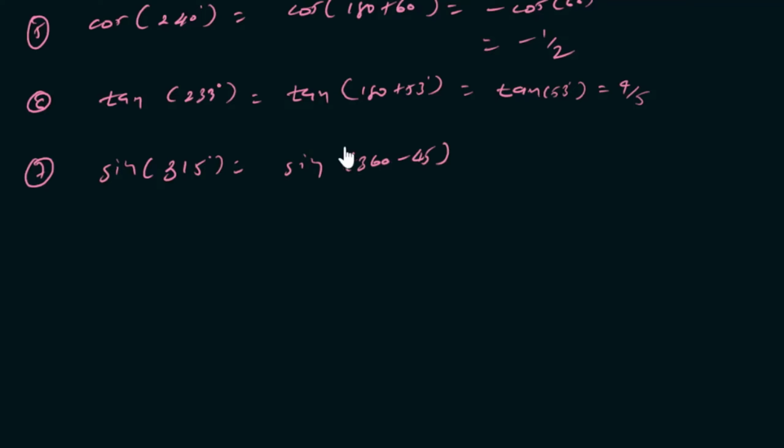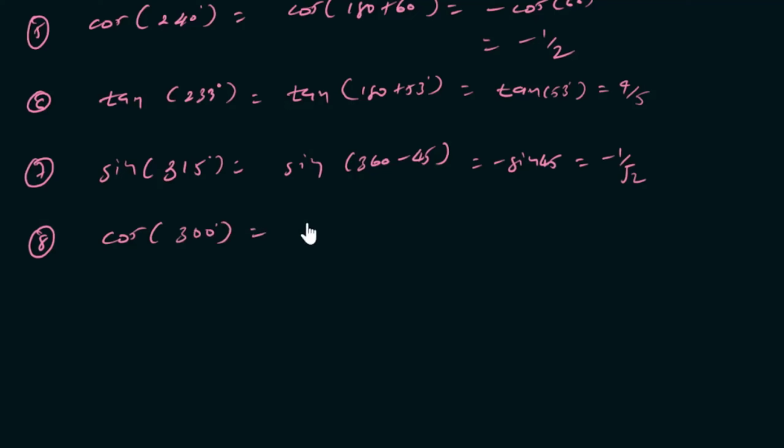Here you can see that in each of the reduction formulas I have just used 0, 180 or 360 degrees because it is much easier, as you just have to keep your trigonometric function as it is. So sin(360 - 45) will be -sin 45, because sine is negative in the fourth quadrant, so the value of this function will be -1/√2.